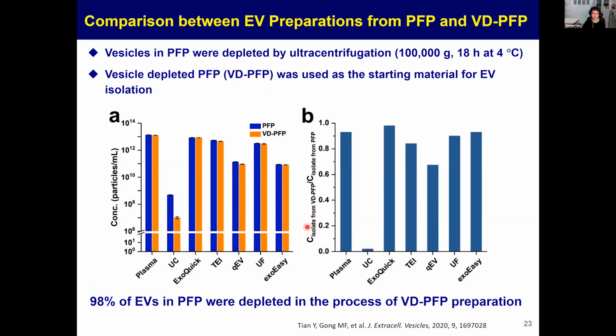Very interesting and very ironic. Presumably there should be no EVs inside this vesicle-depleted PFP, but those commercial kits still yield a very, very high concentration of particles, almost the same as when you use PFP as the starting material.